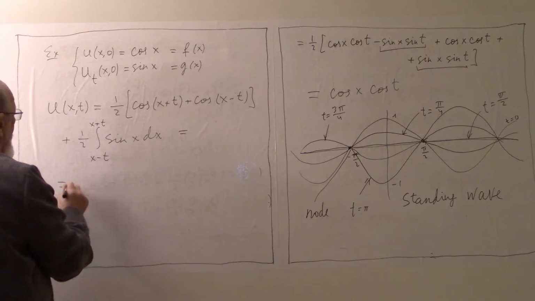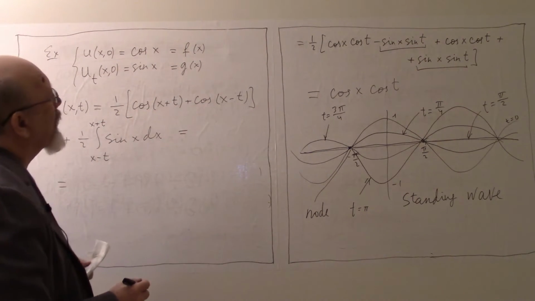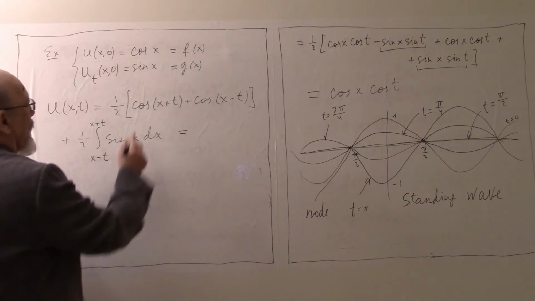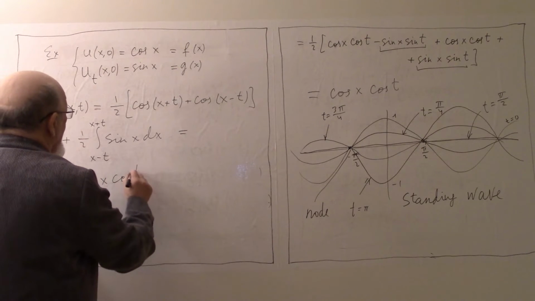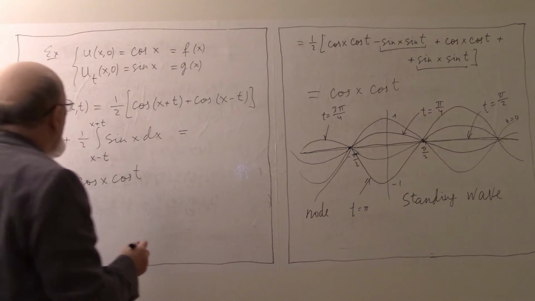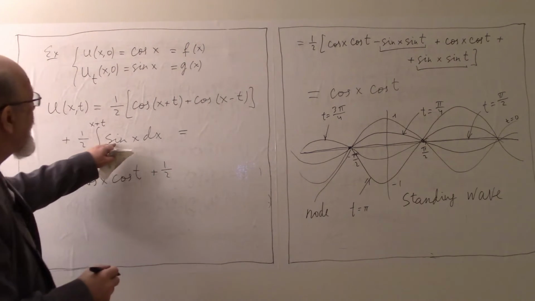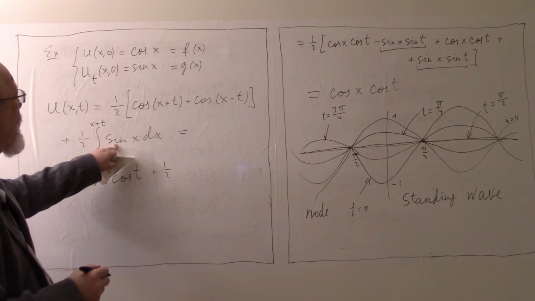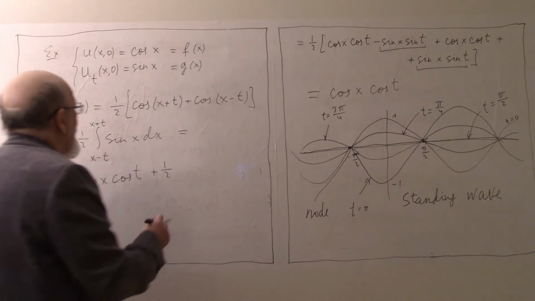We know the first part: 1/2 of cosine x plus t plus cosine x minus t equals cosine x cosine t. Now let's find this integral, plus 1/2 times the integral of sine x, which is minus cosine x.